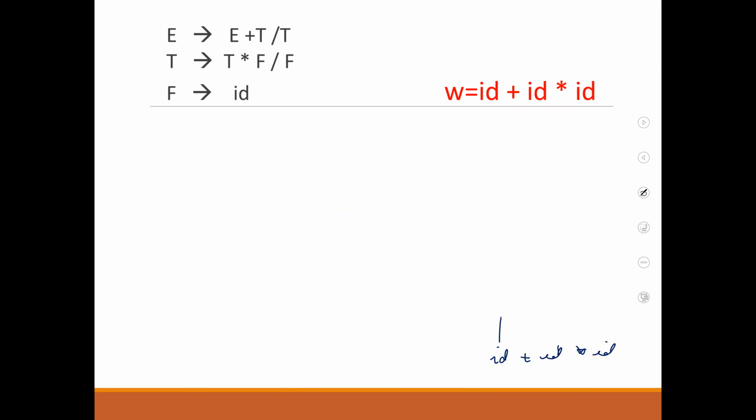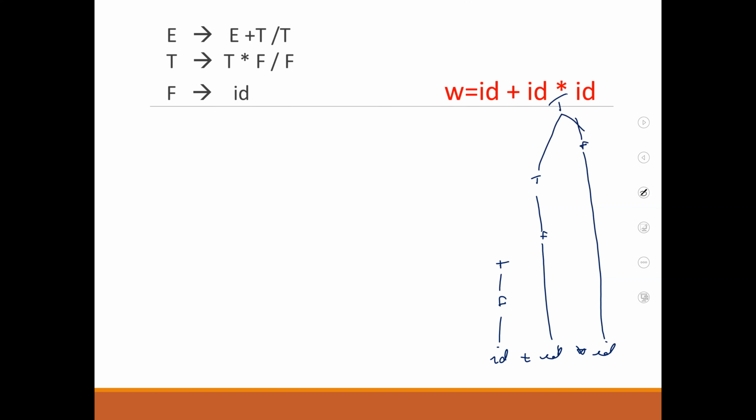ID is replaced as F. F is replaced as T. After which this ID is replaced as F. This ID is replaced as F, T into F. This makes a T. Okay.